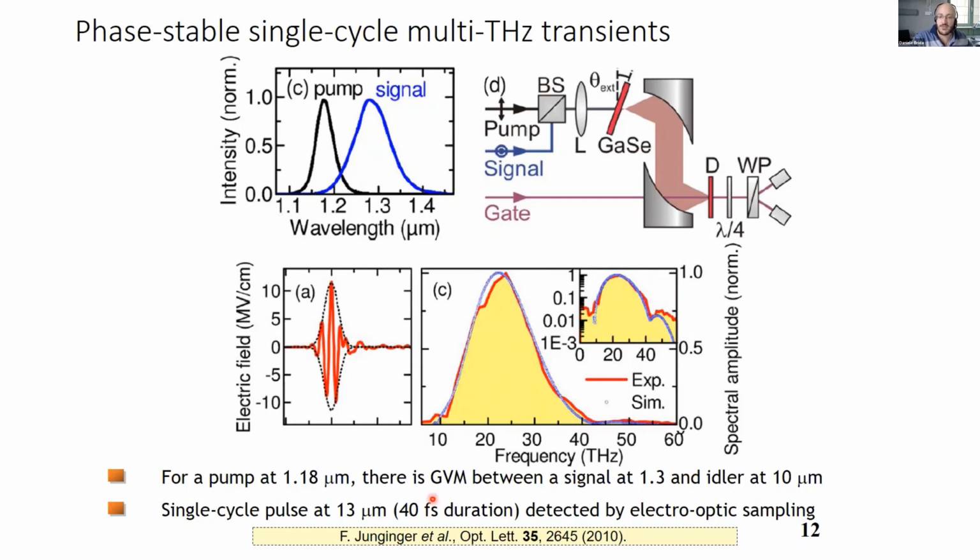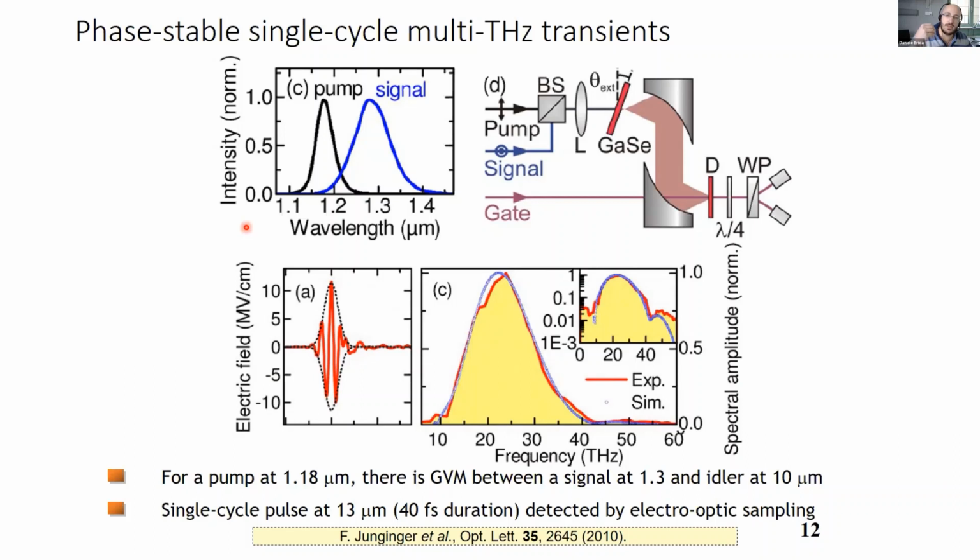So you can have, for example, at 30 micron, a temporal duration of 40 femtoseconds. That is exactly how long a single cycle lasts in that range. Keep in mind that this is a depiction done by plotting the electric field, not the intensity of the laser itself.